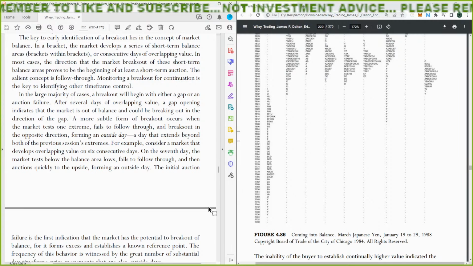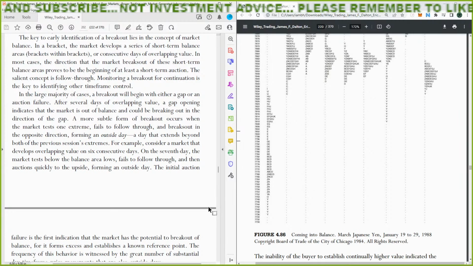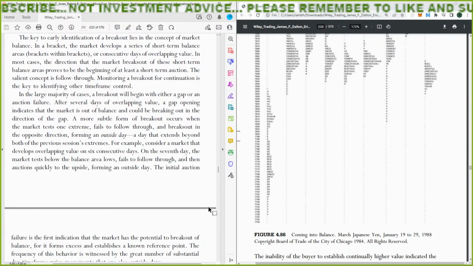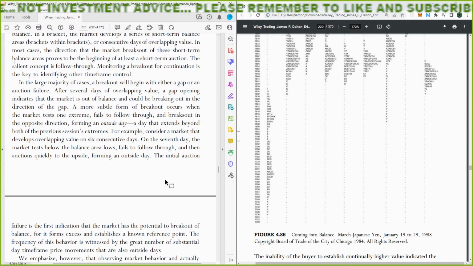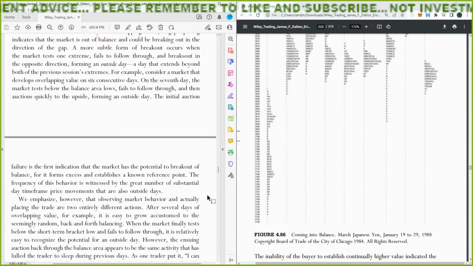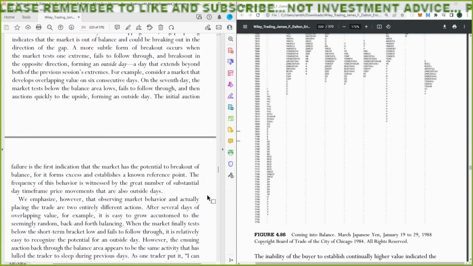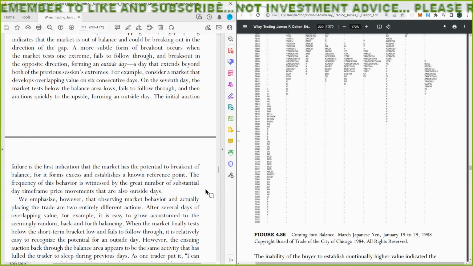An outside day is a day that extends beyond the previous day's session extremes. For example, consider a market that develops overlapping value on 6 consecutive days. On the 7th day, the market tests below the balance area lows, fails to follow through, and then auctions quickly to the upside, forming an outside day.